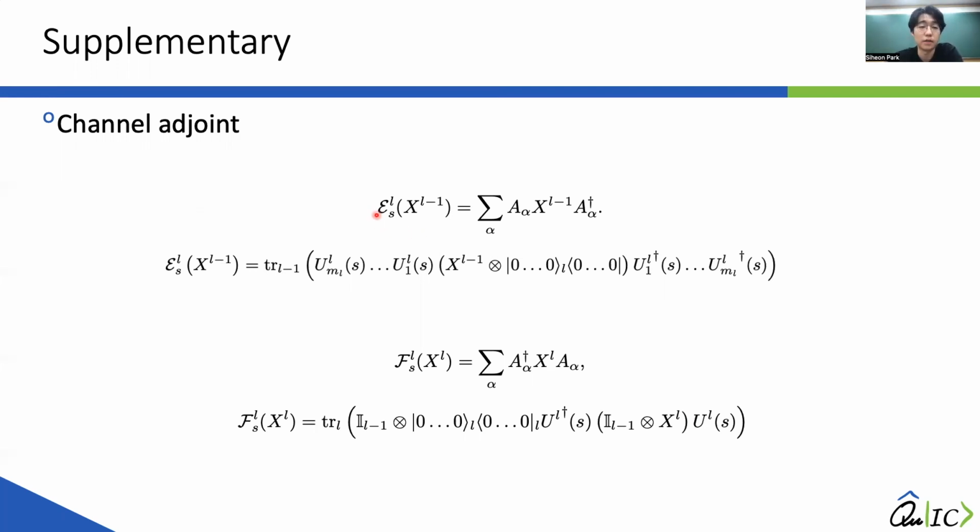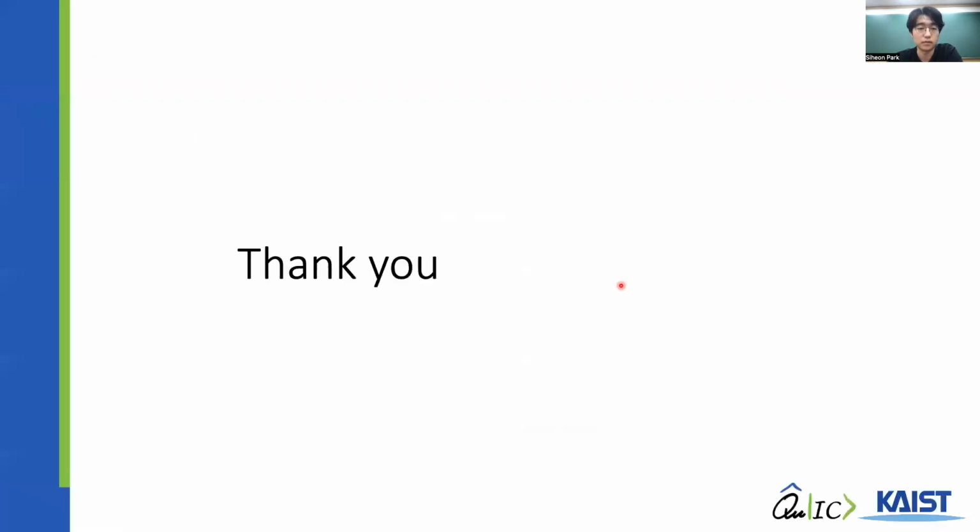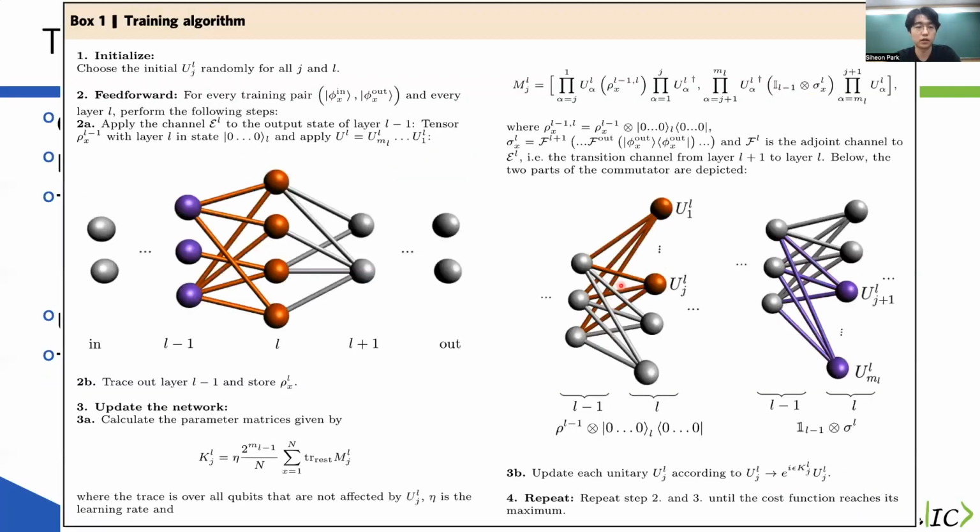If we apply the channel and its adjoint and take the trace, it should be the same as the expectation value. So this is like viewing a channel in the Heisenberg picture. Oh, sorry about the confusion.